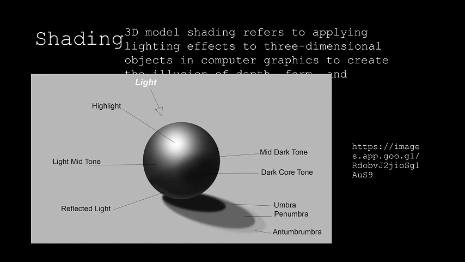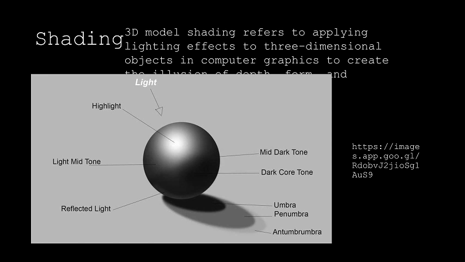Mid dark tone is slightly on the side, where it receives a little bit of the light source. Then the dark core tone is where the dark area is, basically.